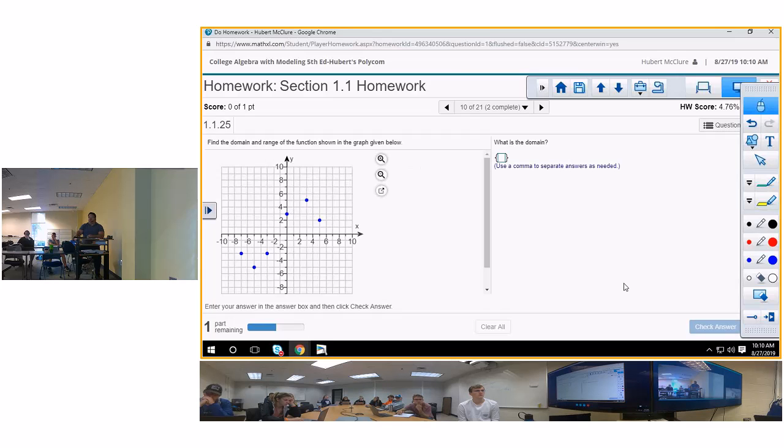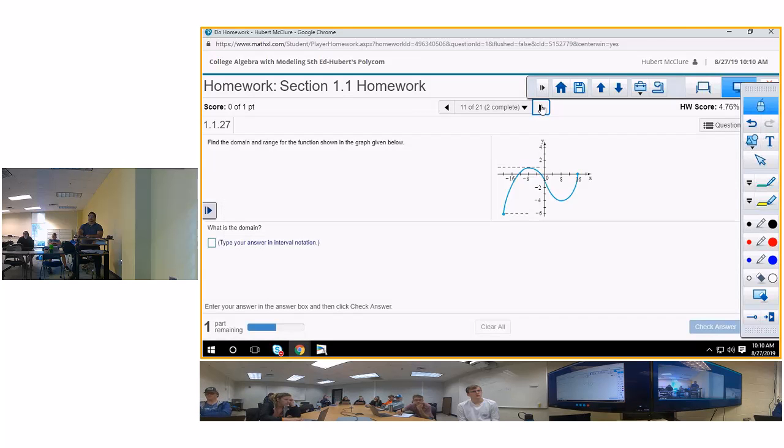And now, the range is -5, -3, 2, 3, and 5. So that's probably going to be your answers. Again, you're splitting hairs. I'd like to see a function that's actually got the lines on it, but there we go.